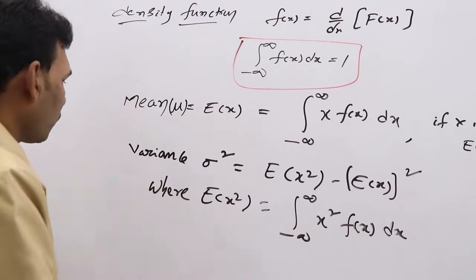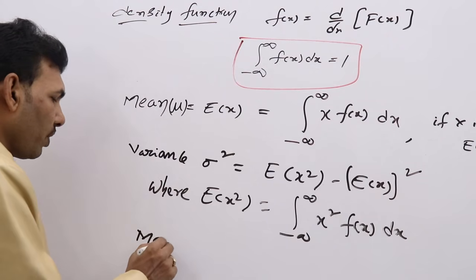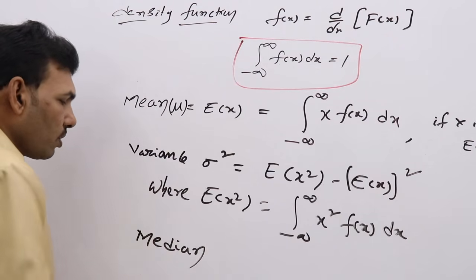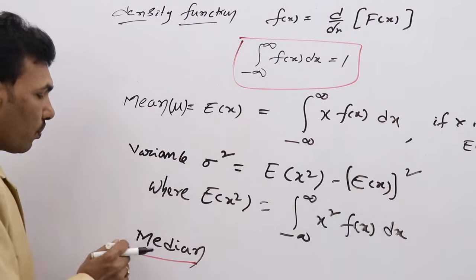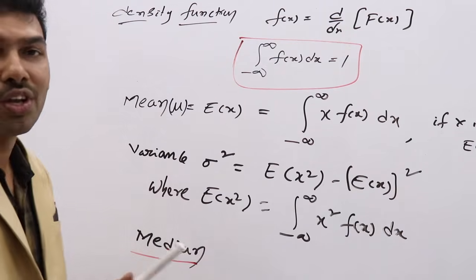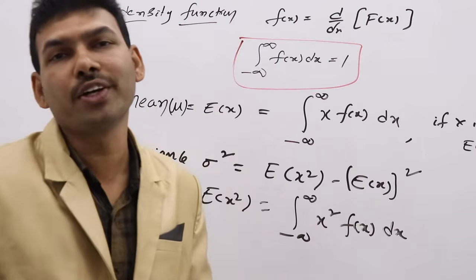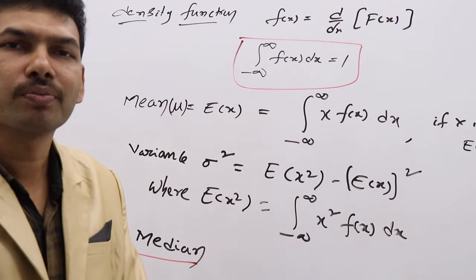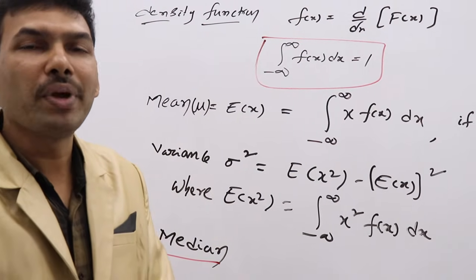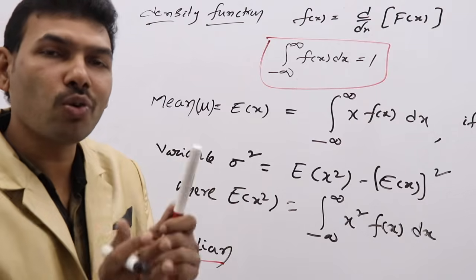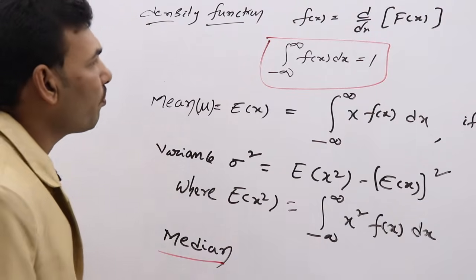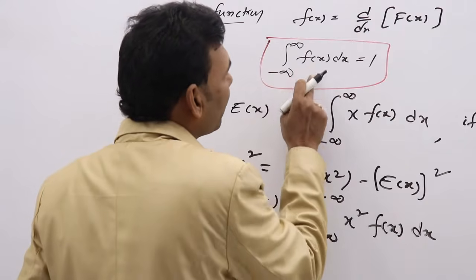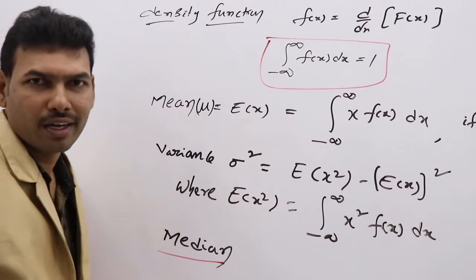Coming to the median, we will discuss median and mode also. What is the median? The median is a value which divides the total distribution into two equal parts, meaning in the total interval the density value is 1.